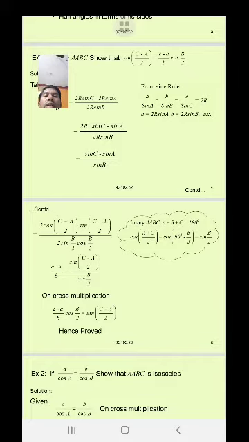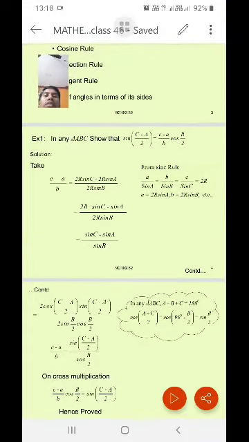Therefore, in the numerator and denominator, sine(B/2) cancels and 2 cancels. So in the numerator we have sine((C minus A)/2), and in the denominator we have cos(B/2). On cross multiplication, (C minus A)/B into cos(B/2) equals sine((C minus A)/2). Hence proved.